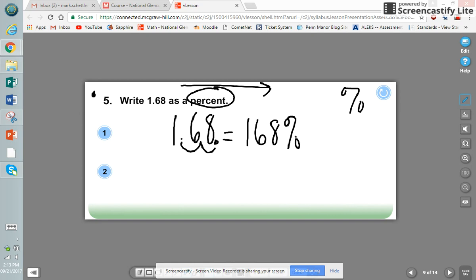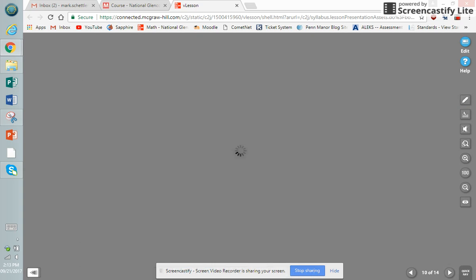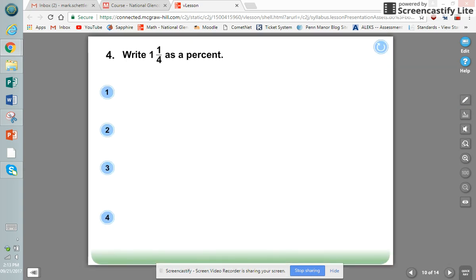And boy, would I love to see that on my reading test today. A bit of a curveball, but nothing we can't hit. Of course, we know all the strategies and all the skills to change this fraction, 1 and 1/4, some people might look at that as 1 1/4, to a percent. Getting ready for a final step.